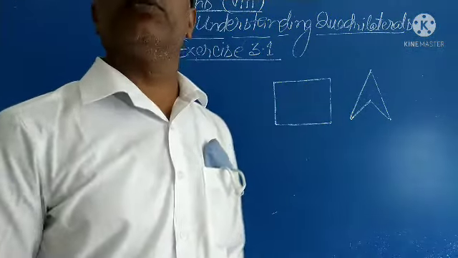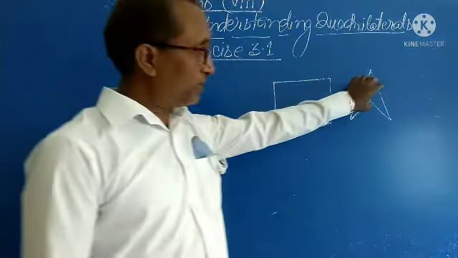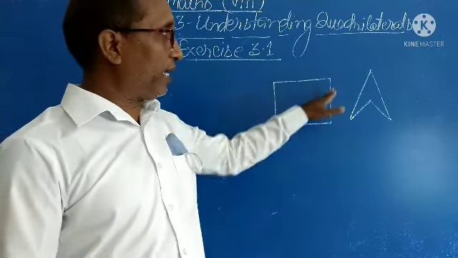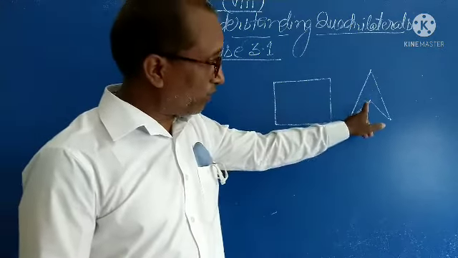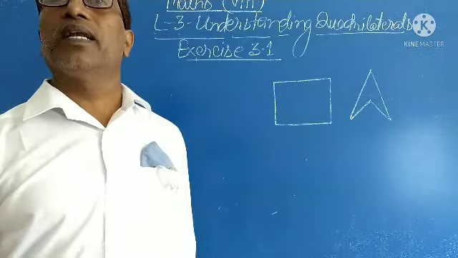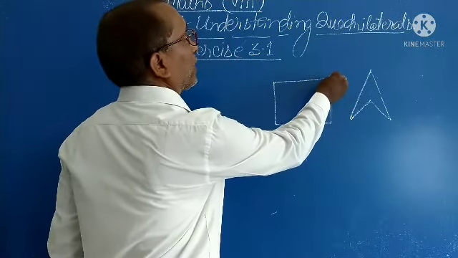From the figure you see, here is a convex quadrilateral and this is a concave quadrilateral, because all its angles are less than 180 degrees in one and one angle is greater than 180 degrees in the other. Clear?